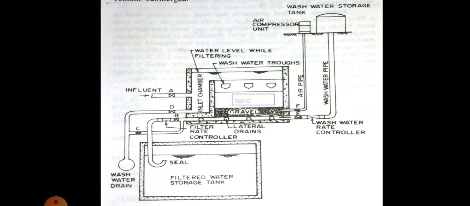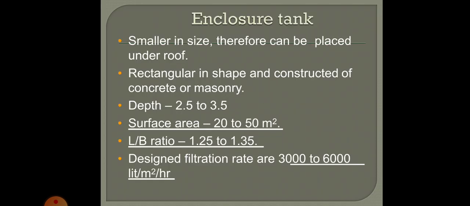If it is constructed using concrete, normally we coat it with a waterproof material so that the water is retained in the tank. The depth of the tank varies between 2.5 to 3.5 meters, and each unit will have a surface area between 20 to 50 square meters. Usually they are arranged in series, and the length to width ratio is kept between 1.25 to 1.35.